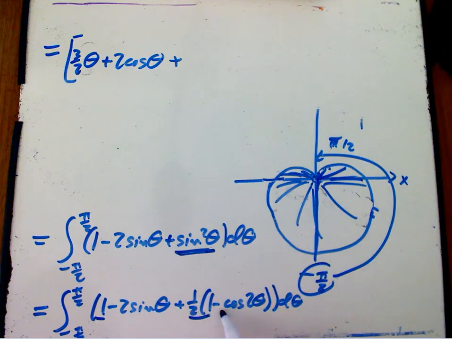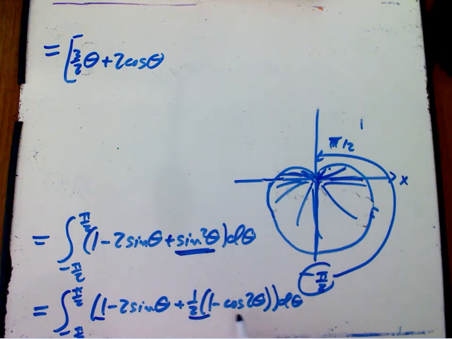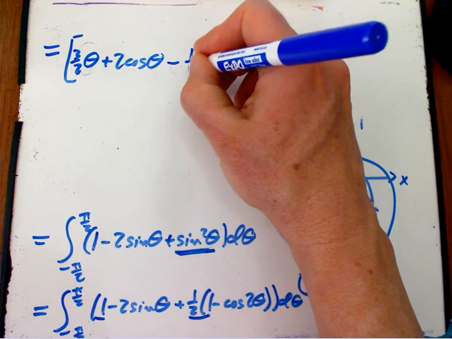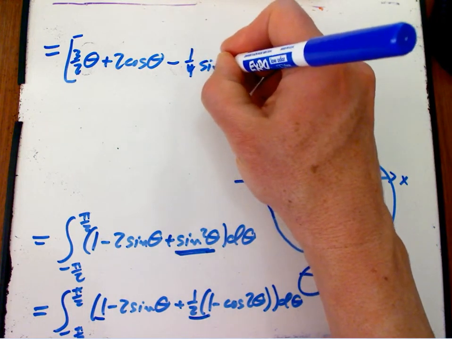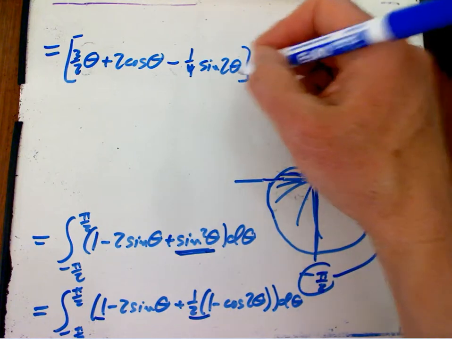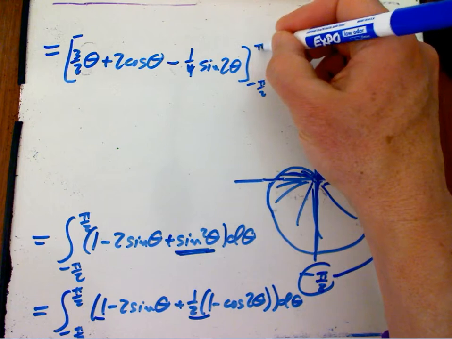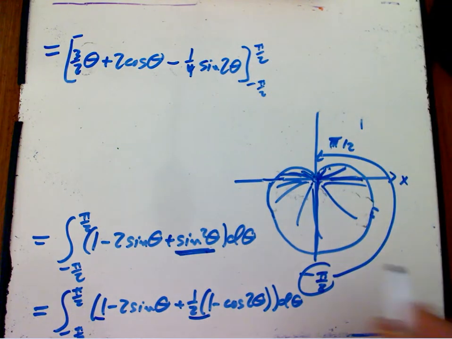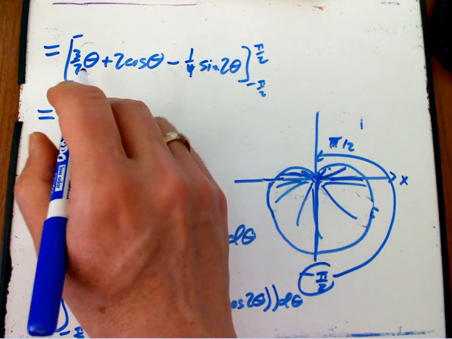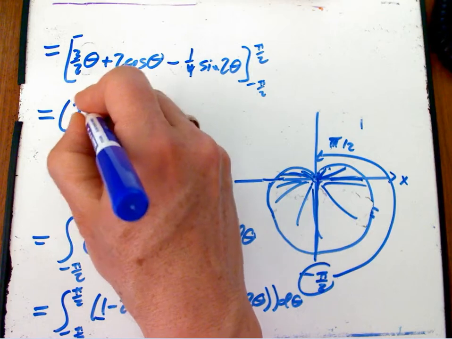And then we just need the integral of minus 1/2 cosine 2 theta. So that's going to be minus 1/4 sine 2 theta. Do want to be careful with the signs, although sometimes things cancel. Okay, evaluated from minus pi over 2 to pi over 2. So we're going to get 3/2 times pi over 2, 3 pi over 4.